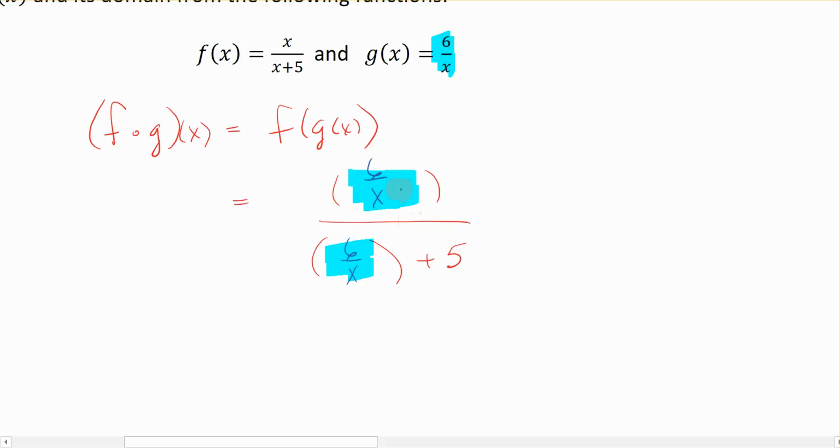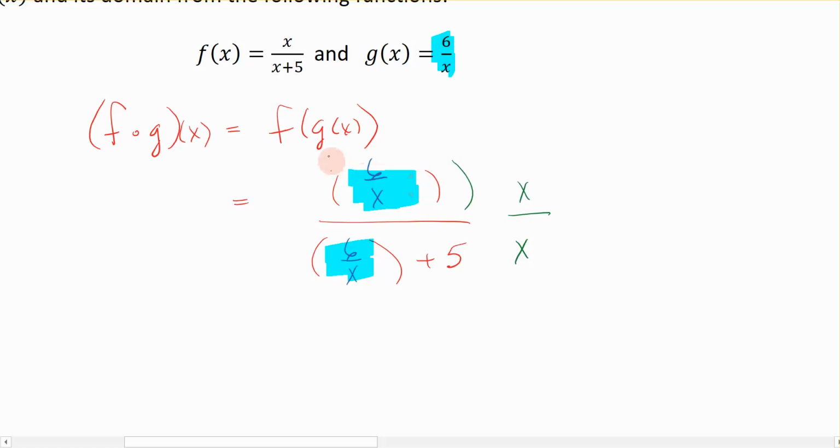What you want to do is clear this of all fractions. In the numerator I have just this fraction, and in the denominator I have just this fraction's denominator. So what I want to do is multiply both top and bottom by this common denominator, which is just x.